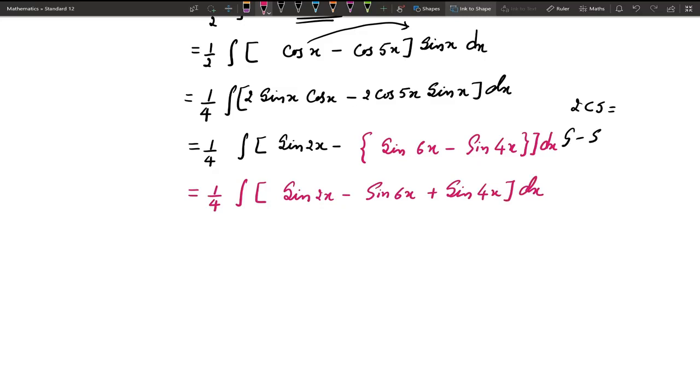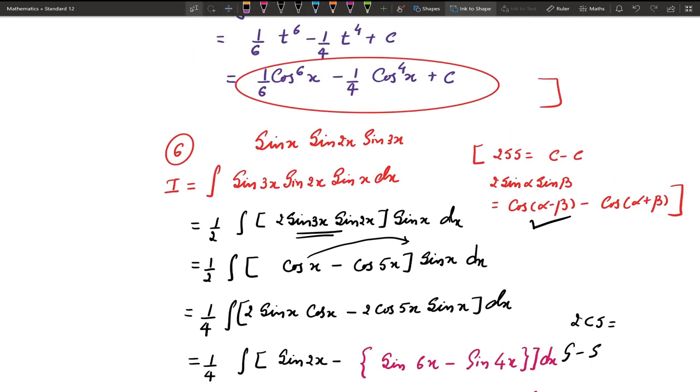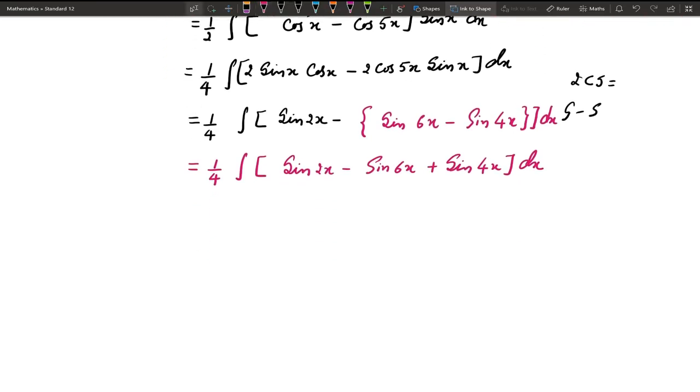Note that the angles may be different, but you should know how to express this as a linear combination. Here we had a multiplication form and we have converted it into a linear combination of sine and cos functions. So this can be integrated as 1 by 4 of minus cos 2x by 2.